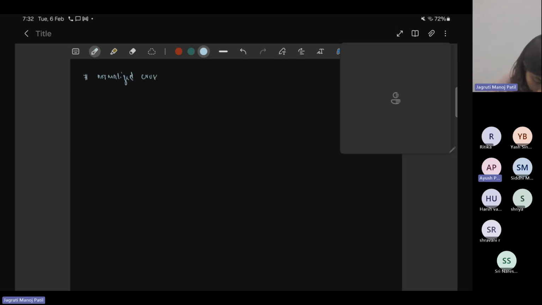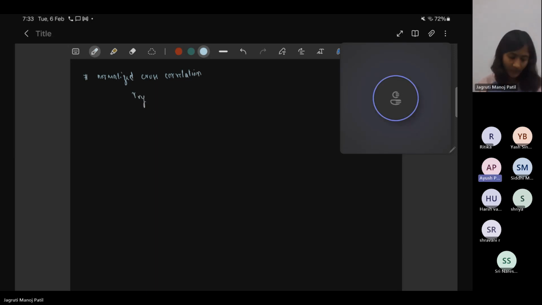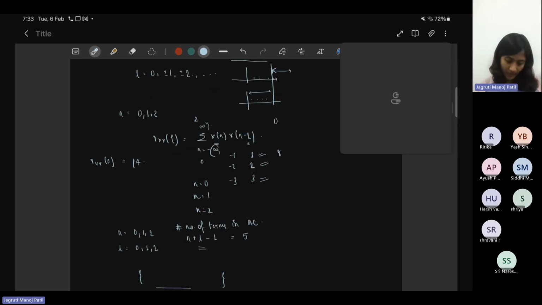Ma'am, one more doubt. In this question, we calculated a single value for the normalized autocorrelation. But in the assignment given to us, we have to calculate the full set of discrete values. That's what we did here, right? We computed it for 1.